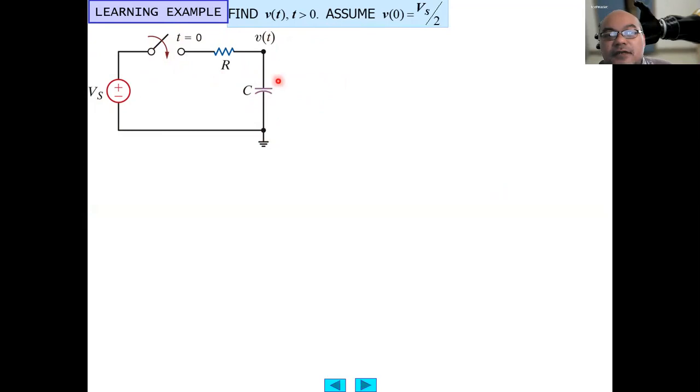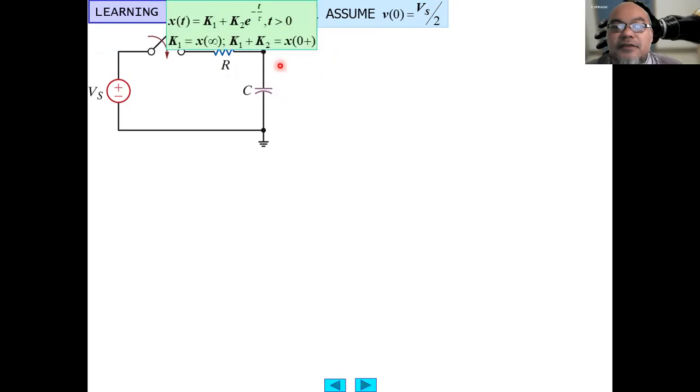The current will flow, and V(t) will increase from 0 to a certain value. The V at time 0 here equals Vs over 2, so it already has an initial condition of Vs over 2.